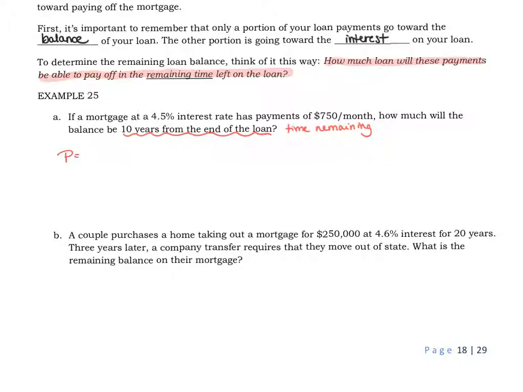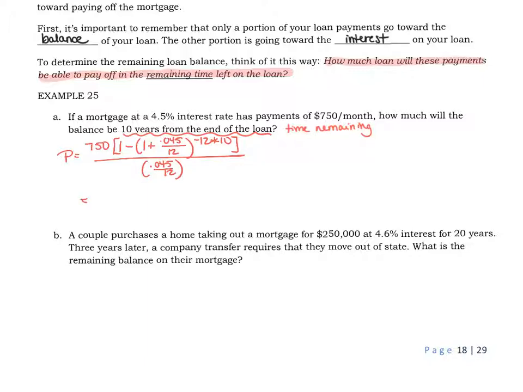So the principal, in this case, is how much money you still owe, because principal is what you borrow. We're going to think of it as kind of like I'm starting to borrow money with 10 years to go. You're paying $750 a month. Your interest rate is 4.5%. And again, we're looking at this as 10 years left to pay.